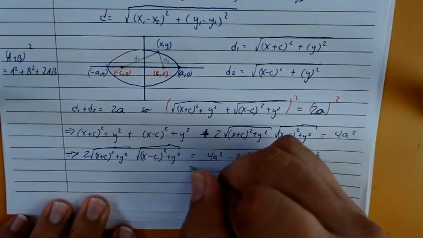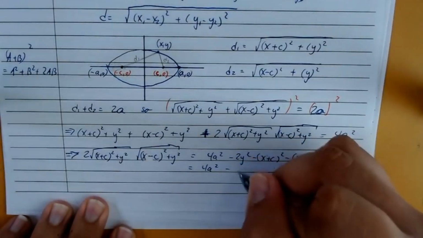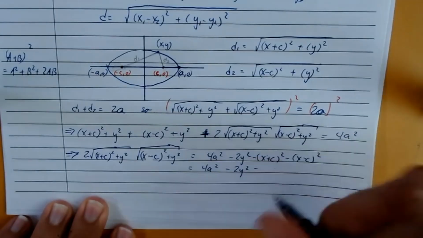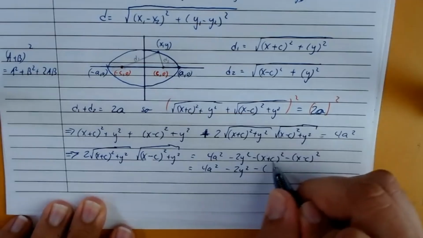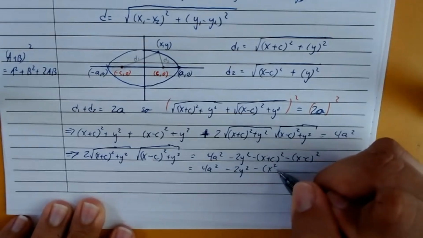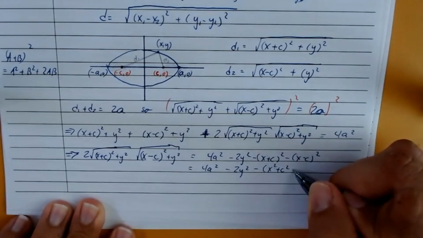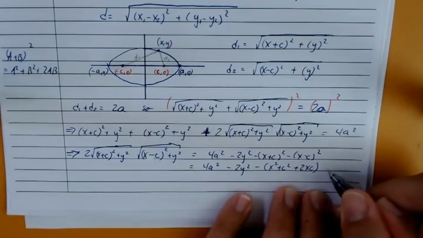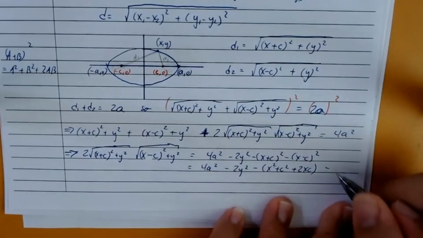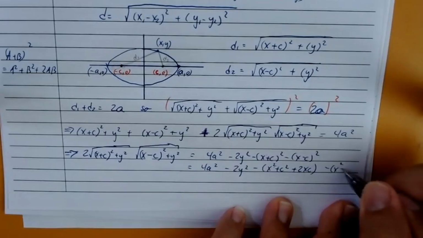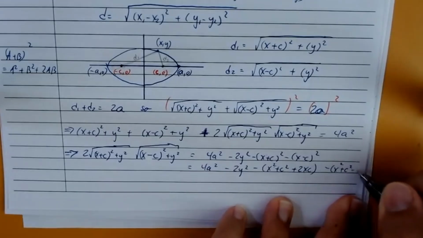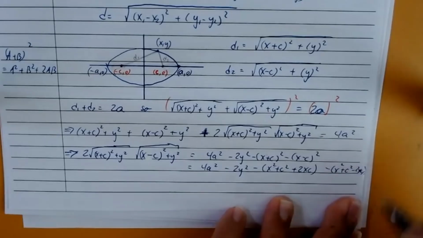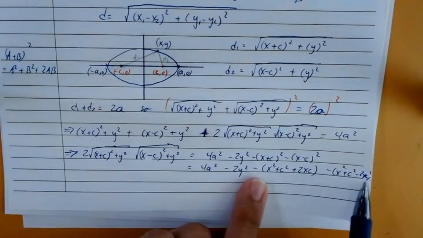So that's equal to 4a² − 2y² − ... if you square x + c, that'll give you x² + c² + 2xc. And then if you square x − c, that'll give you x² + c² − 2xc. Notice that some of these combine and some of them cancel out.